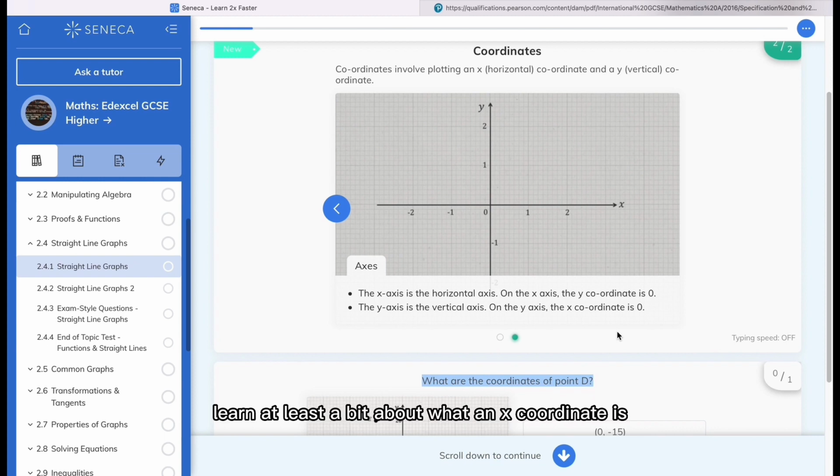You learn what an x-coordinate is, what a y-coordinate is, and it shows an explanation. Then you get a question which makes use of both, where you work out what the x-coordinate is and what the y-coordinate is. Then to recap your knowledge once more, you get a video, so you can watch the video, and it will go for a certain period of time.